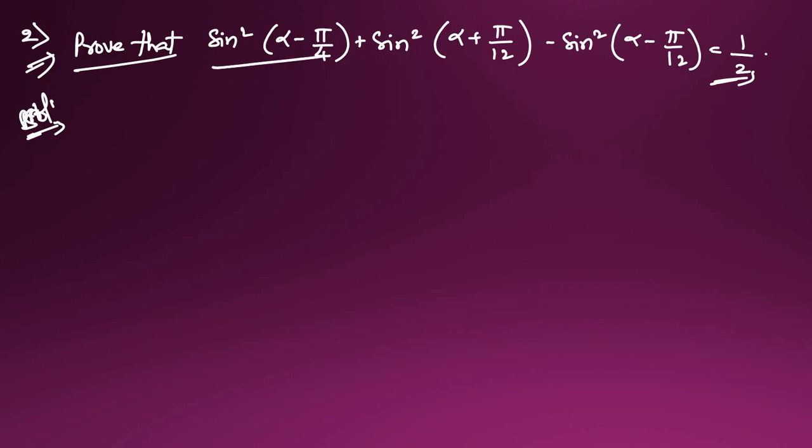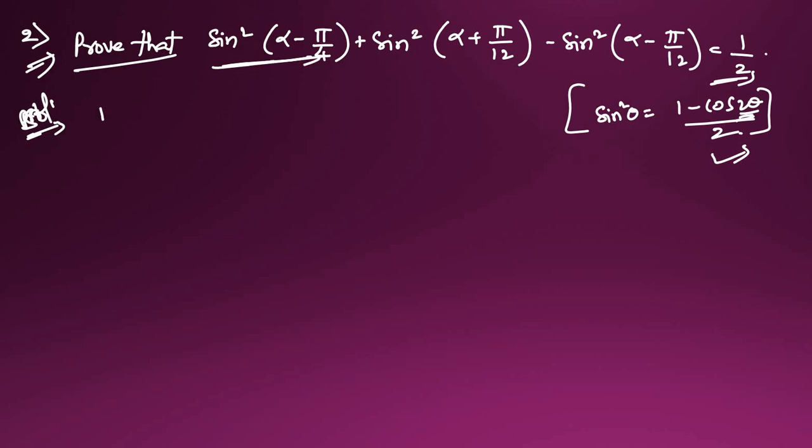So sine square theta is equal to what can we write? Sine square theta is equal to 1 minus cos 2 theta divided by 2 we can write here. This is a formula that we have to use in this example. So I will use this here.